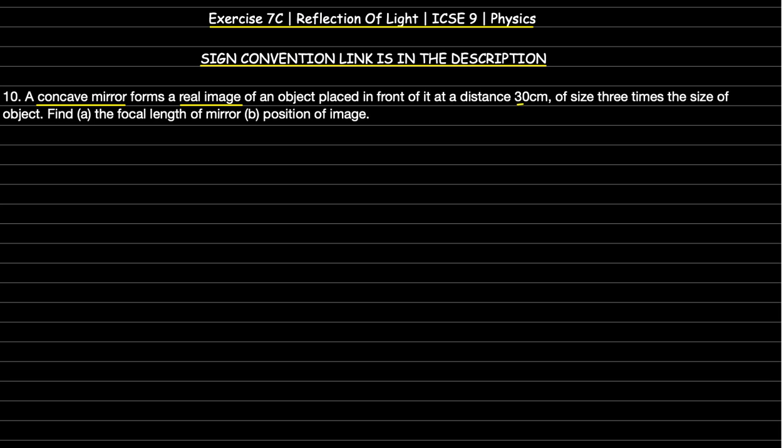So this 30 centimeter happens to be the object distance. The size of the image is 3 times the size of the object. Find the focal length of the mirror and the position of the image.